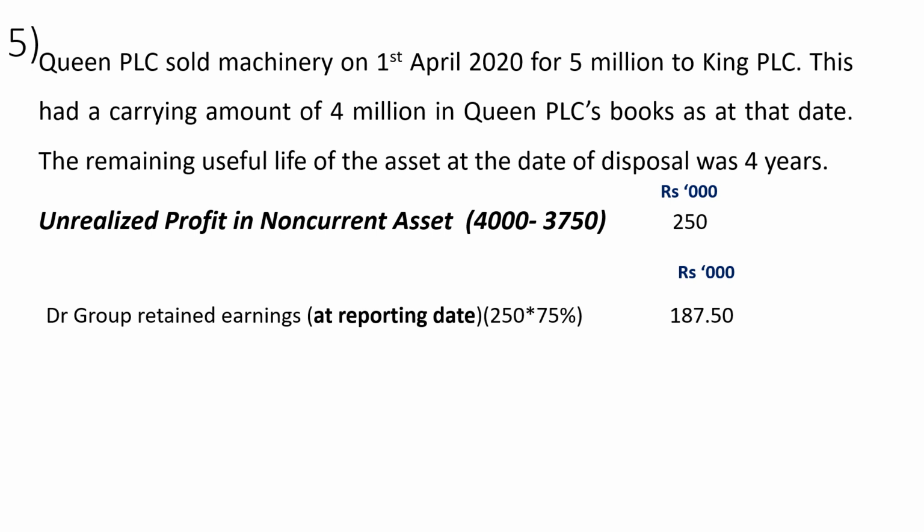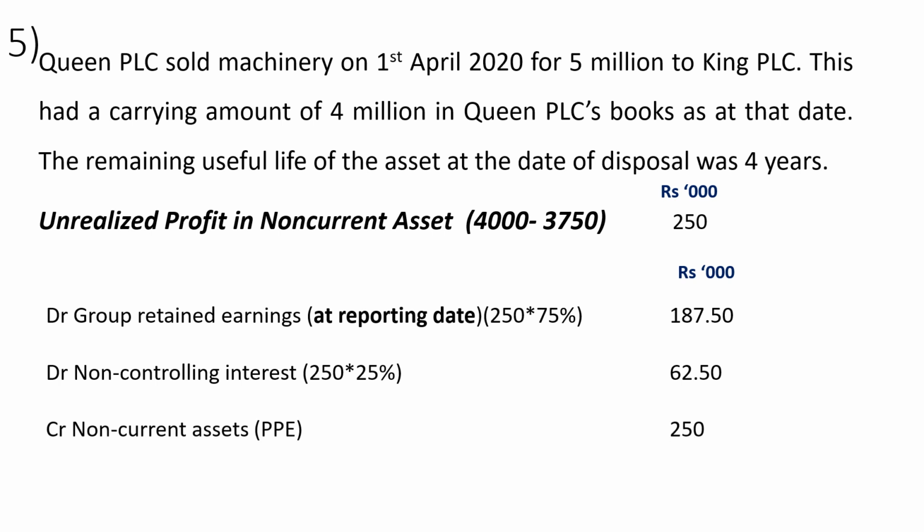Then we have to remove it from the non-controlling interest. So, 250 into 25% is 62.50. Then, the total unrealized profit should be removed from the non-current asset. In this question, it is property, plant and equipment, which is 250.